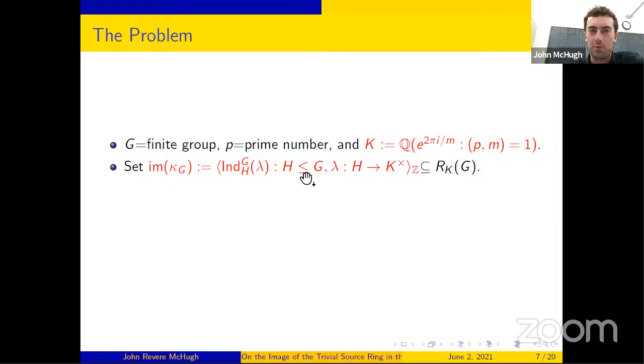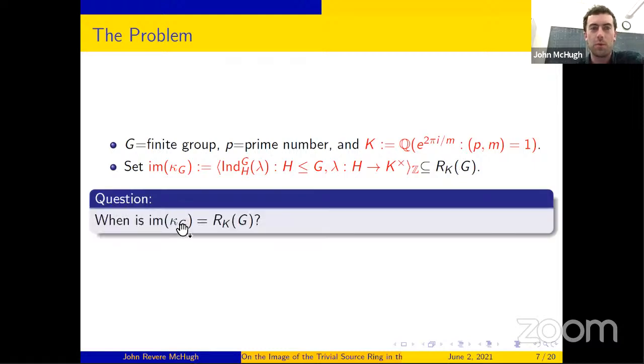You run over all subgroups H of G, and you induce characters of the form lambda from H to K cross. So they're degree 1 characters where H is going into K cross. I'm going to call this subgroup the image of kappa sub G, which is mysterious for the moment, but I'll explain where that notation comes from. So basically, I've got this subgroup of R_K(G), and I want to know, when is this subgroup equal to the entire thing?